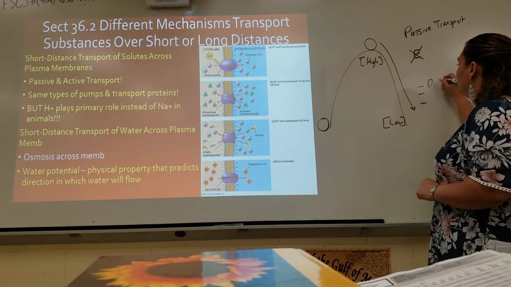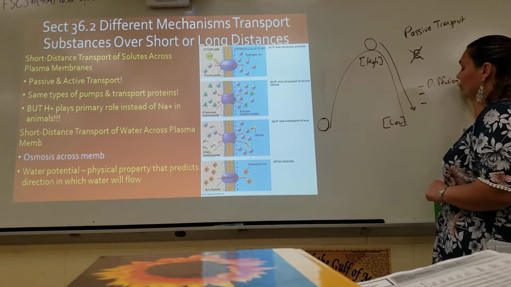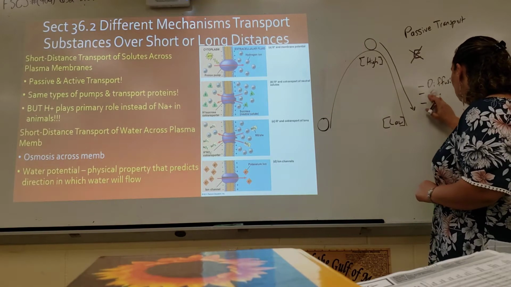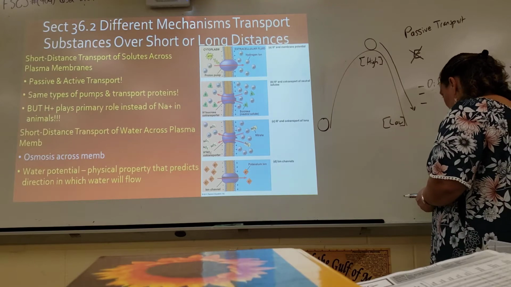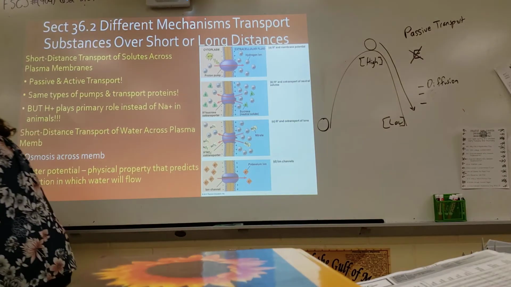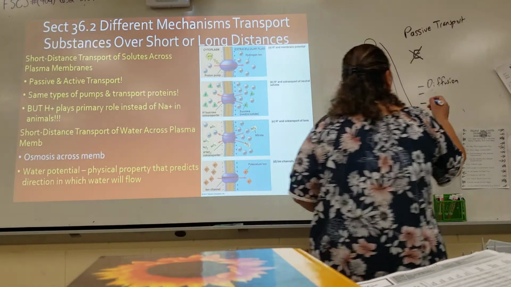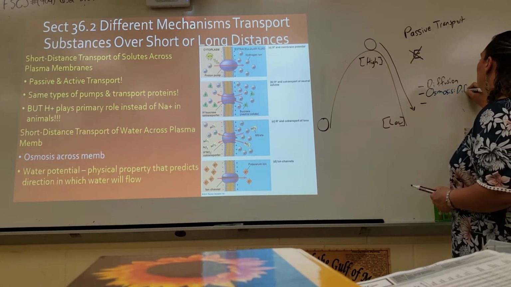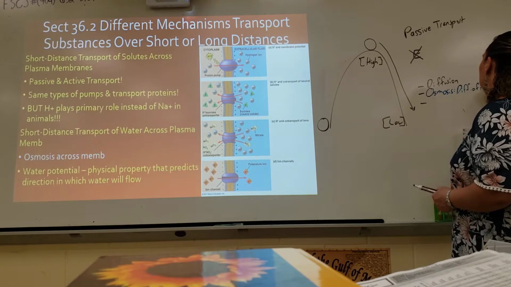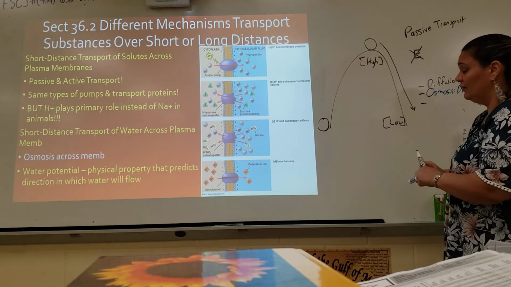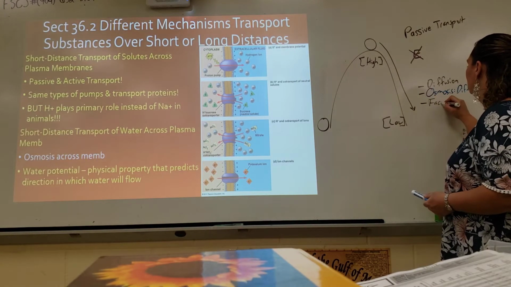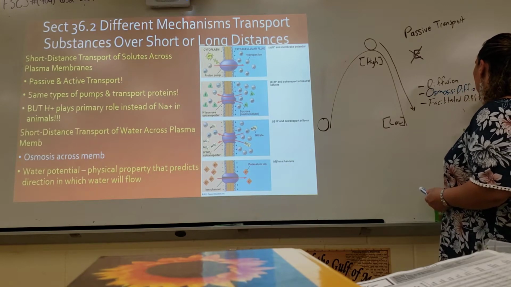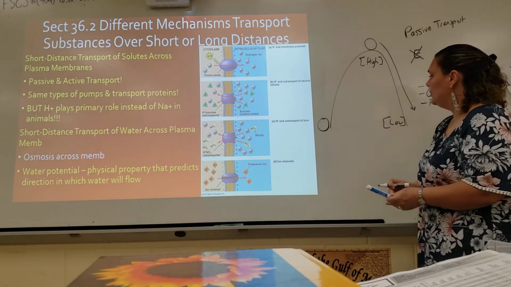You have diffusion, osmosis, which is supposed to be blue, because osmosis is diffusion of water. And then you have facilitated diffusion. I'm putting a big fat star by that one. We'll say why in a minute.